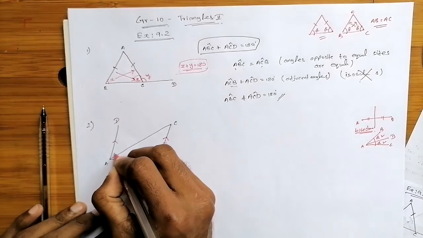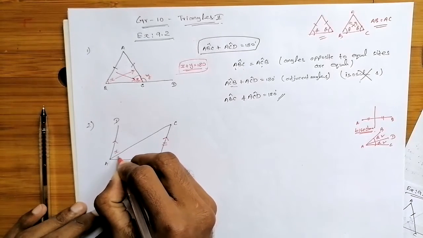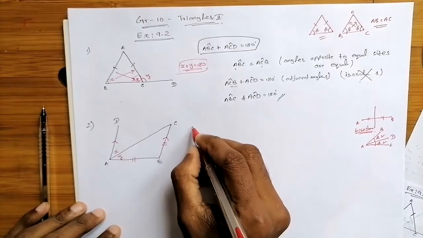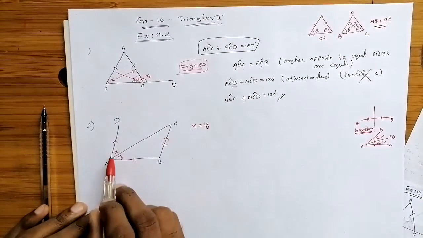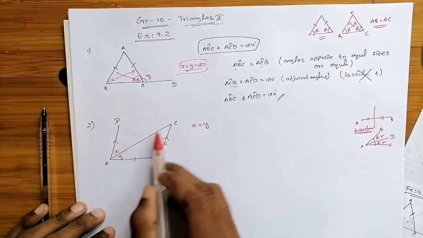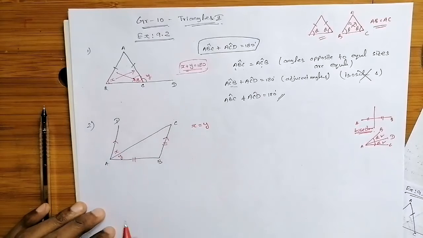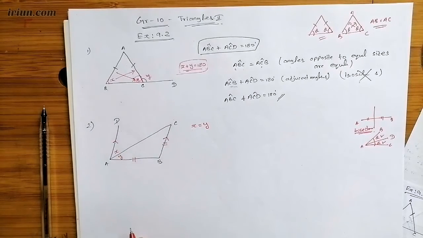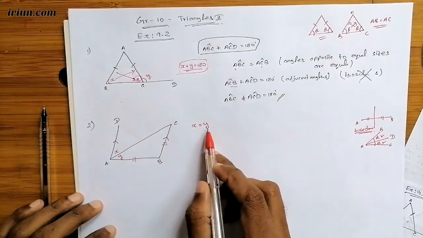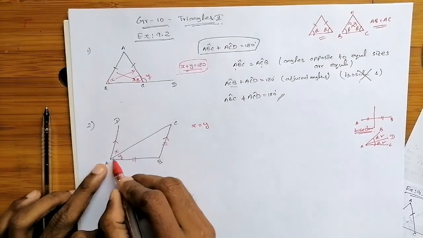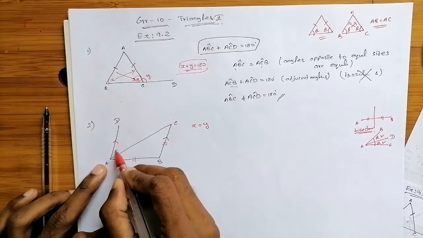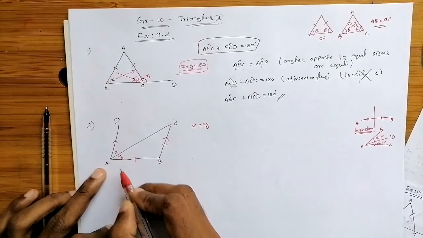So we mark one of the angles as X, the other angle as Y. So if we can prove X equal Y, the angle DAC equal angle BAC, then in other words we can tell AC bisects the angle DAB. That's why X equal Y.